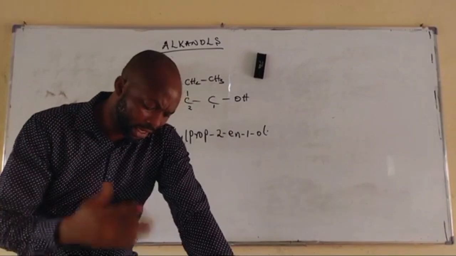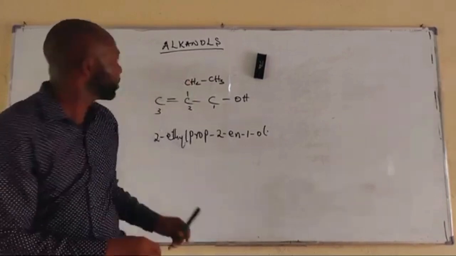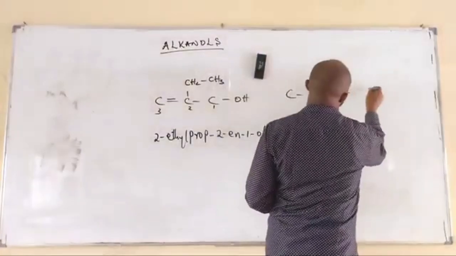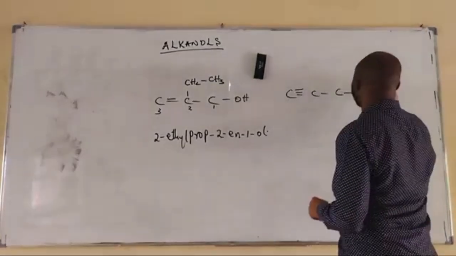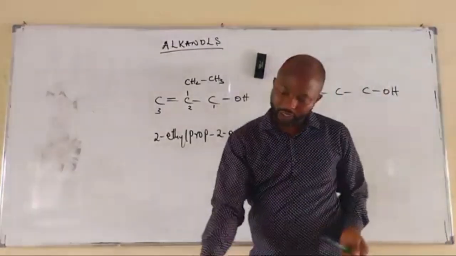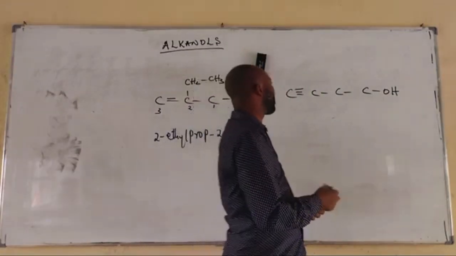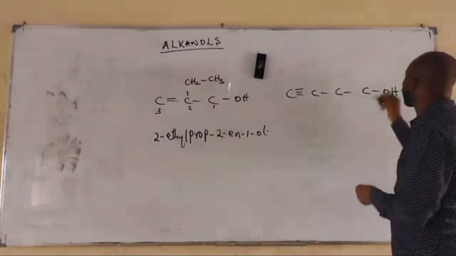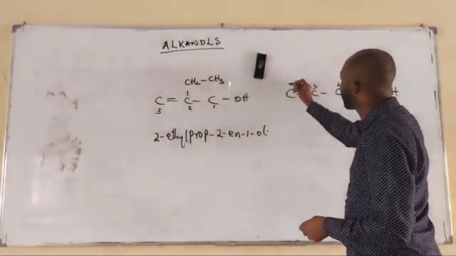Let's take another one. We have 1, 2, 3, 4. Here is a double bond, a triple bond. This is my OH. Let's check if that is all. 1, 2, 3, 4. Okay, now, since our OH takes precedence over this, this is our position 1, position 2, position 3, and position 4.